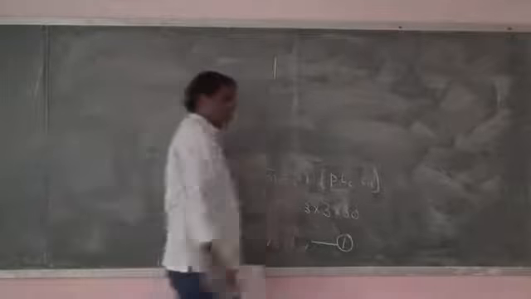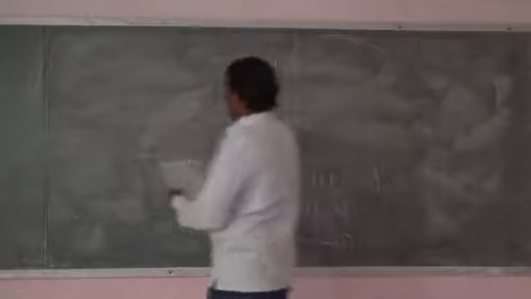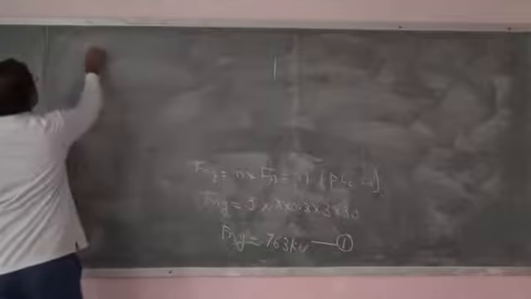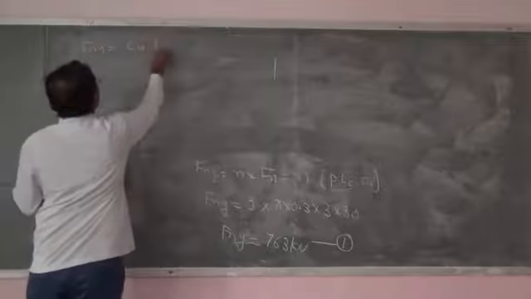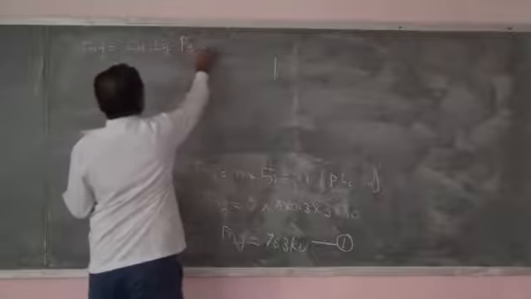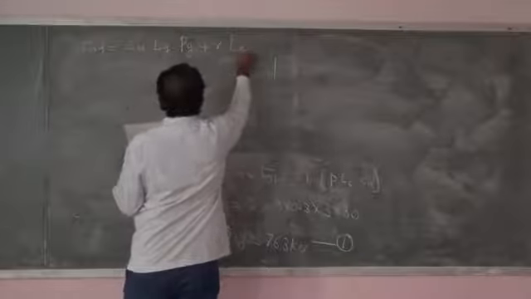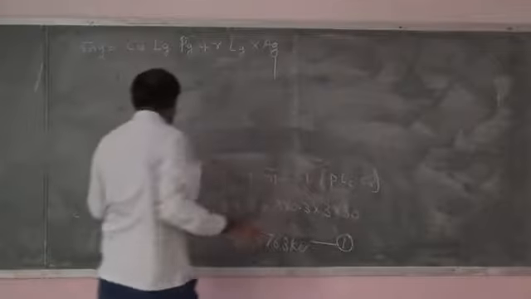Now we shall calculate by the second one, piles in groups, it is given by the formula F_ng is equal to c_u L_g into P_g plus gamma into L_g or L_c, whatever you take, into A_g.